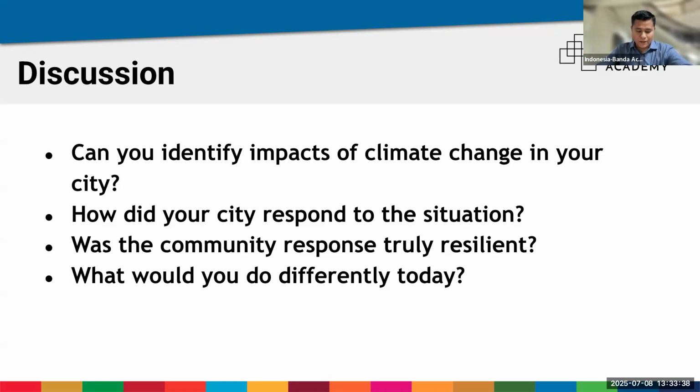The second one is green infrastructure and coastal protection. The city promotes mangrove planting, together with NGOs and community participation, the citizens. In the coastal area we have a red zone from when the tsunami happened, so we put mangrove planting in this area.